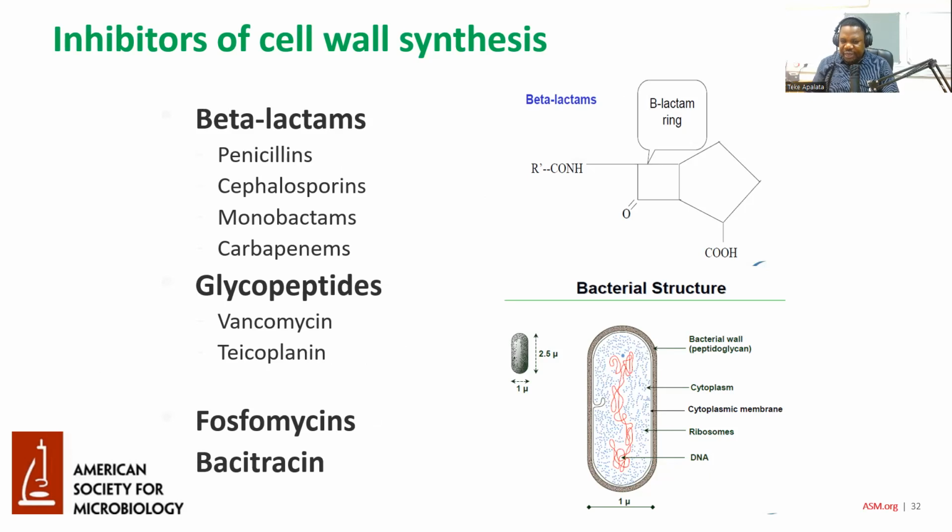So these are inhibitors of cell wall synthesis. Here is an illustration of the bacterial structure, especially the bacterial cell wall. We can see the peptidoglycan layer, and inside it we have the cell membrane, or cytoplasmic membrane.